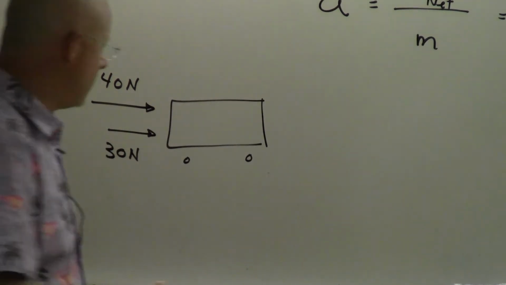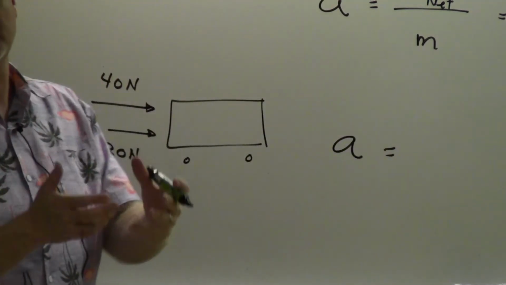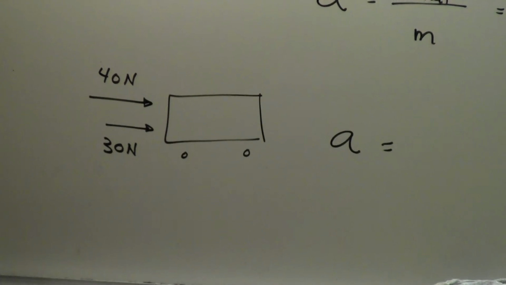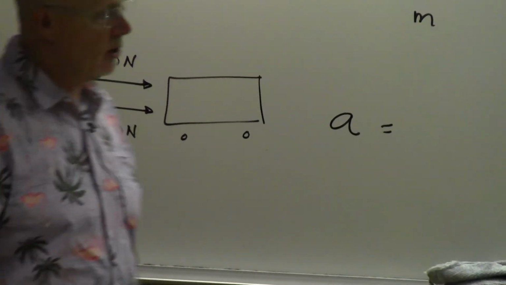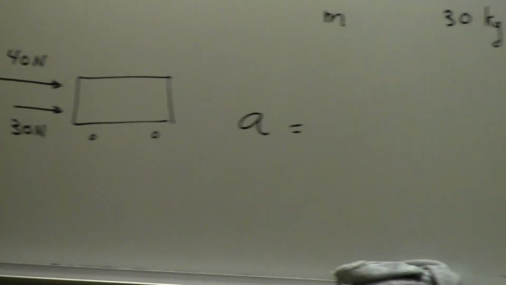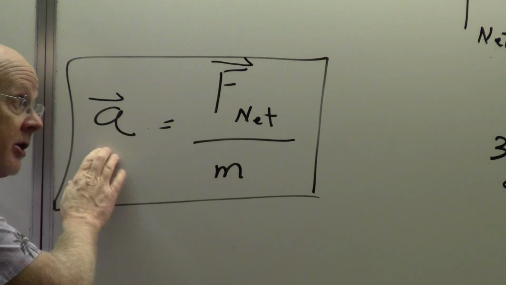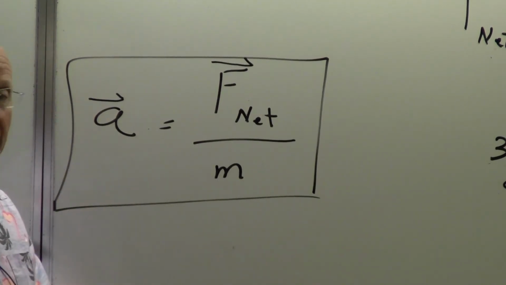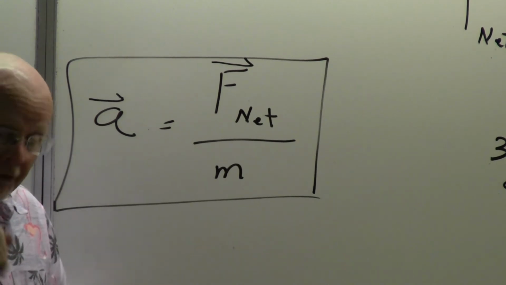And so if I asked this question, what is the acceleration of this cart? And so let me come back here to what I'm trying to emphasize, this calculation, right? Newton's second law. How do I calculate this acceleration? I need the net force. How do I get the net force?